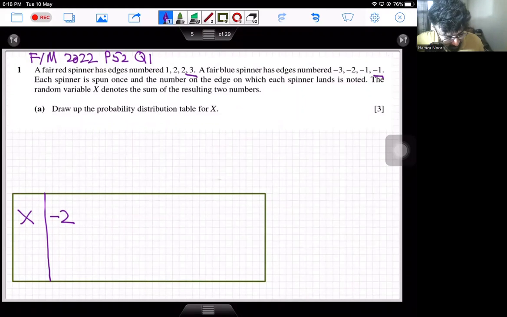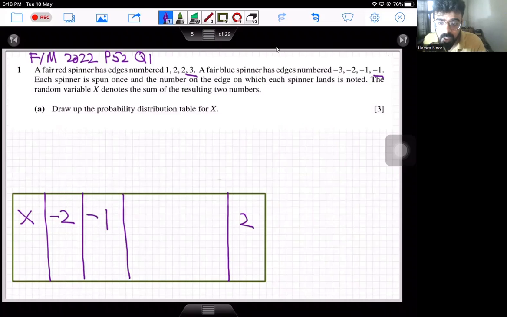So first of all we have the highest score and the lowest score of x, and then we have all the numbers in between. 1 minus 2 will give you -1, which is a possibility, and then 1 minus 1 will give you 0, and then 2 minus 1 will give you 1. So yes, we have 1 as well, and these are the possible values of x.